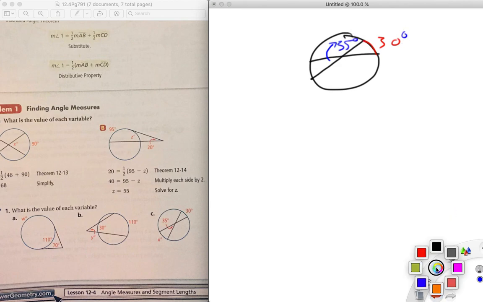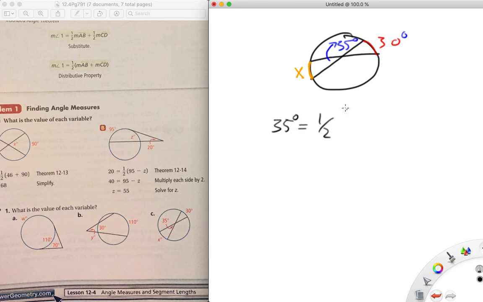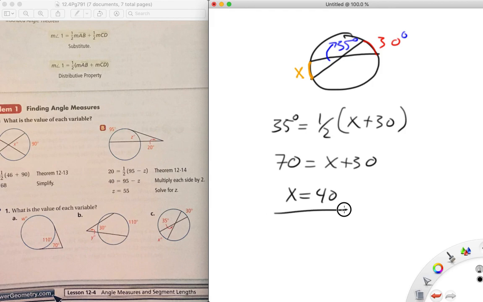They want to know what this guy is. Alright, so here we would have 35 is equal to 1/2 x plus 30. So multiply both sides by 2. 70 equals x plus 30. Subtract both sides by 30. X equals 40.